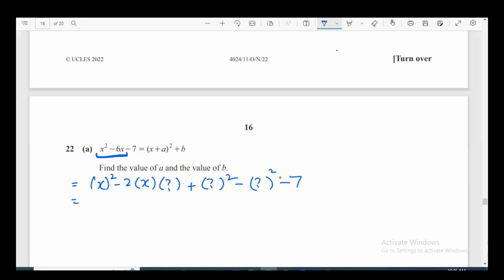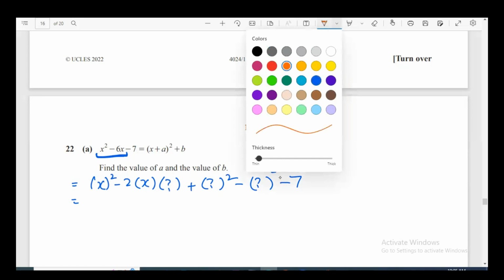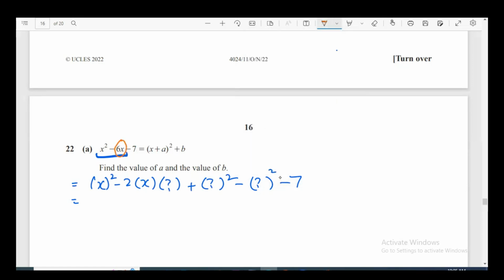To find b, we have to compare 6x with 2x times the question mark. So when we equate 6x with 2x times question mark, the value of question mark will be 6x over 2x. 2 on the 2, 6x, x cancel.